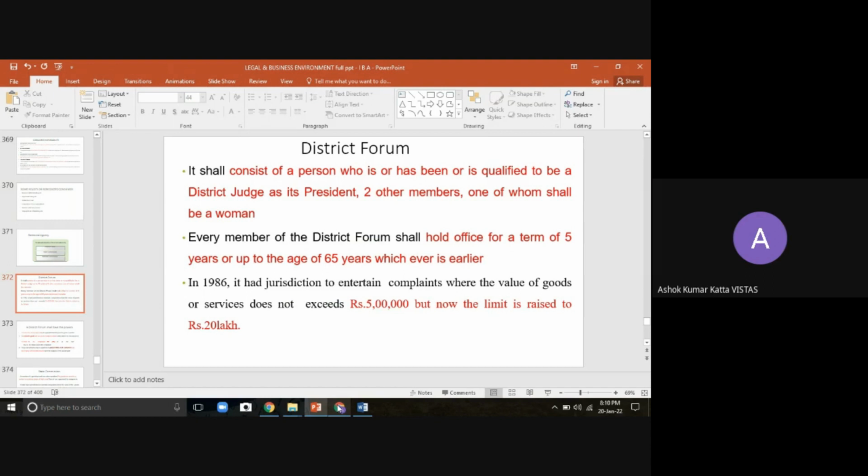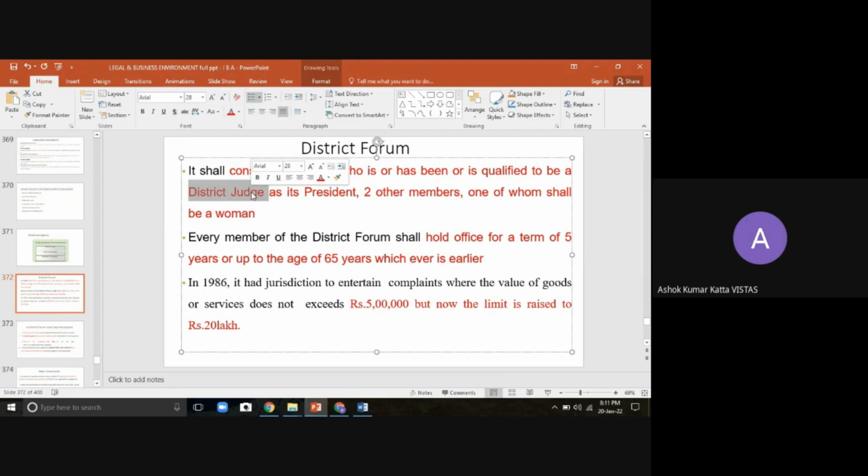I already told you, consumer related issues will be solved by the consumer protection forums. What is right, what is wrong will be adjudicated by a judge.